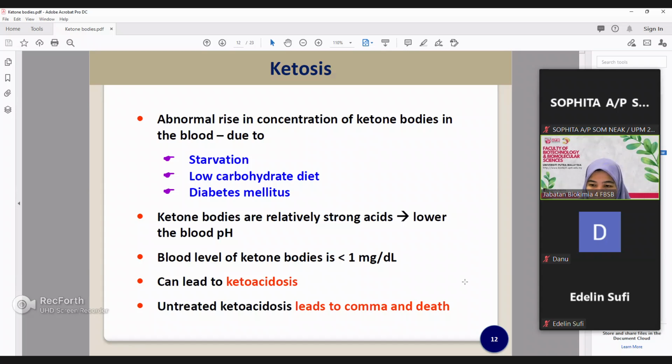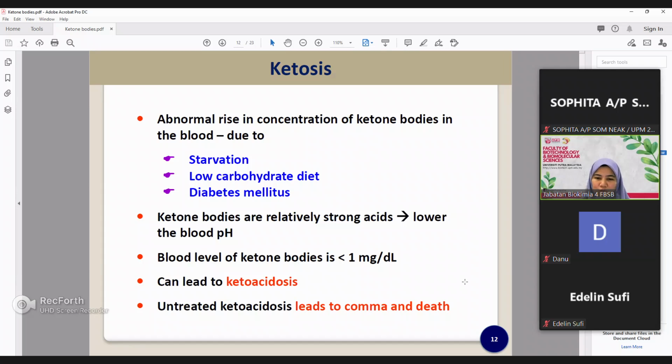It can lower down the blood pH. The normal blood level of ketone bodies is lower than 1 milligram per deciliter. Do your own reading on the normal pH of our body, and how these ketone bodies lower the blood pH.